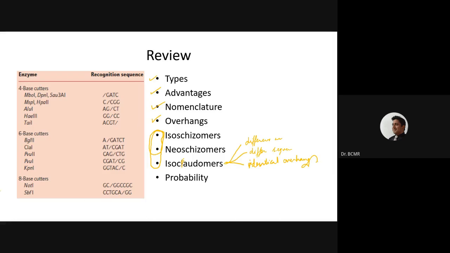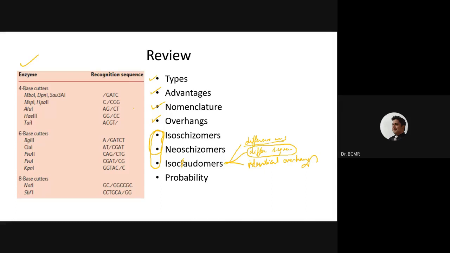Can you identify any isocaudomers from this table? Everything here is different, all of them are different sequences, so you don't have to worry about it. They should recognize different sequences.